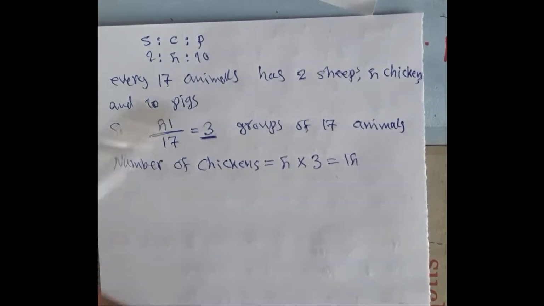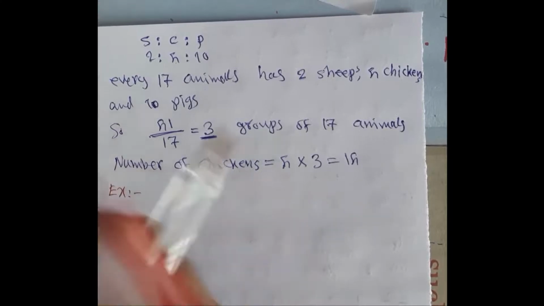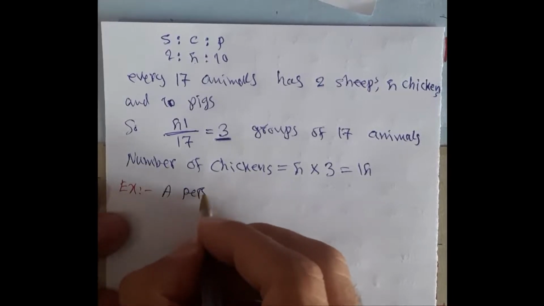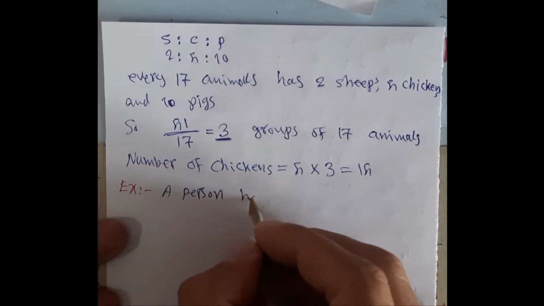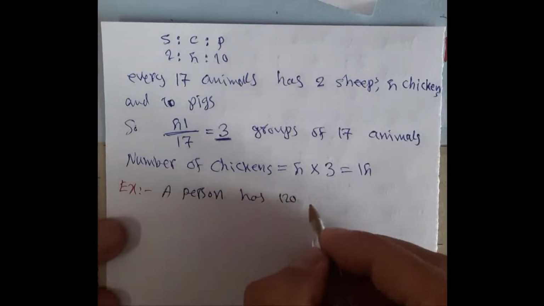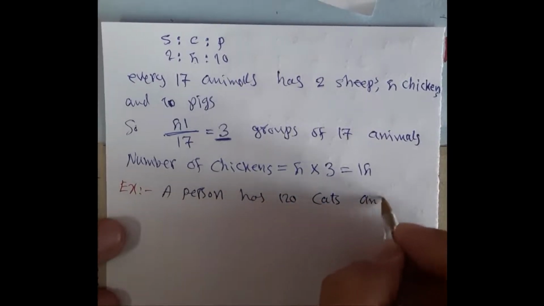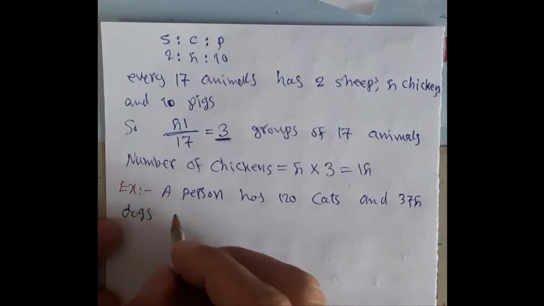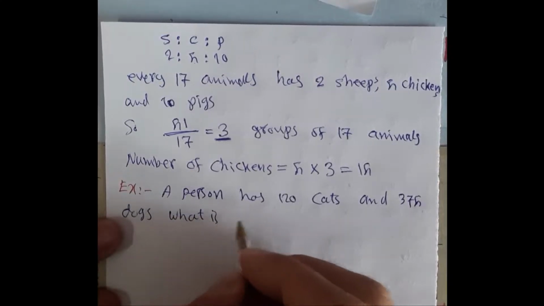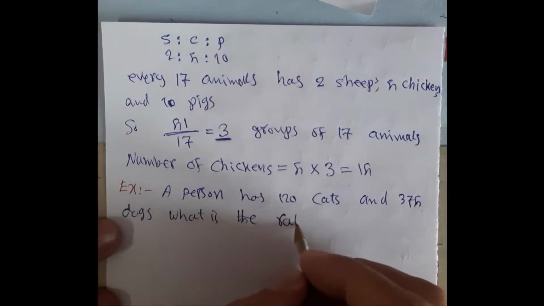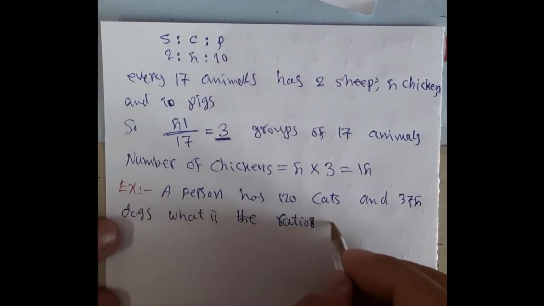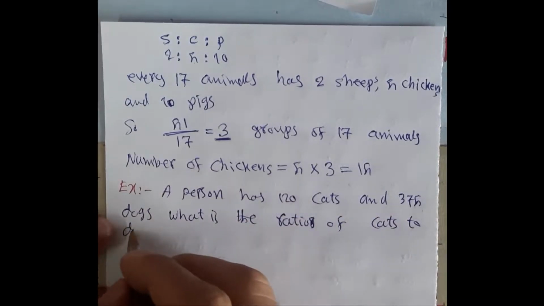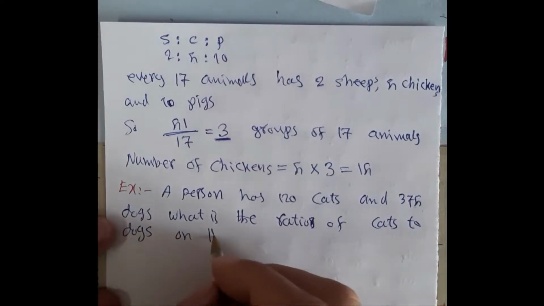Next example. A person has 120 cats and 375 dogs. What is the ratio of cats to dogs?